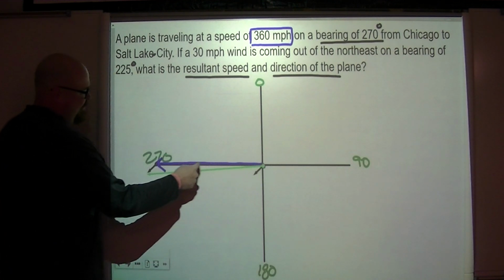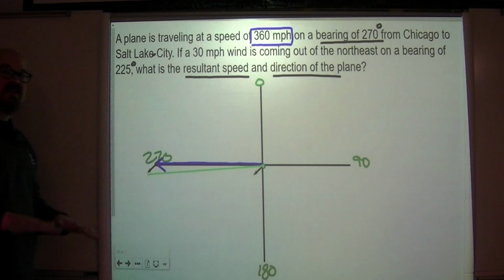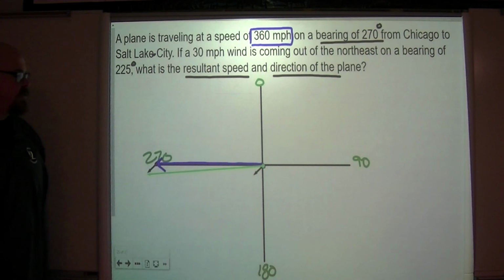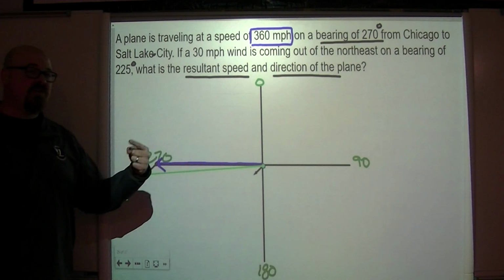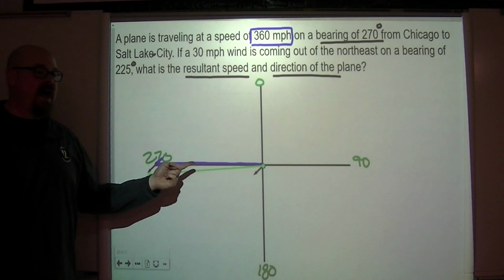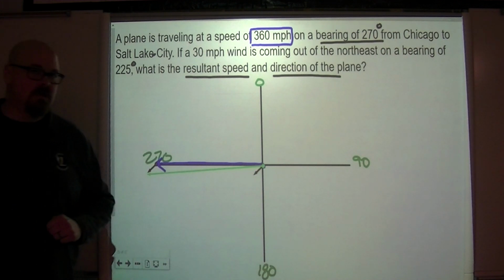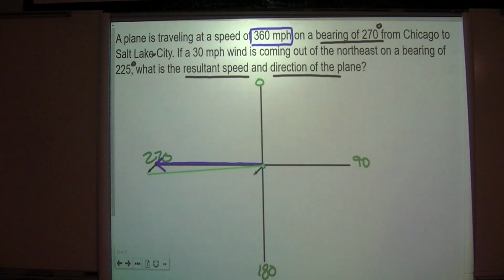So instead of the plane traveling in the direction that it was supposed to be, it's actually going a little bit more south because that's the direction this wind is blowing in. So this green vector represents the resultant velocity, the length, and the direction of that vector, okay? I'm going to cut this one and we'll pick up numerically calculating those values.